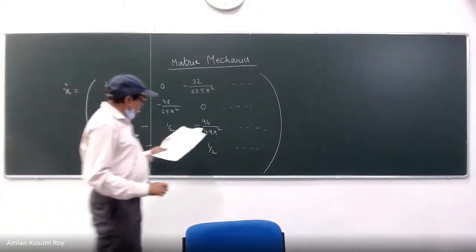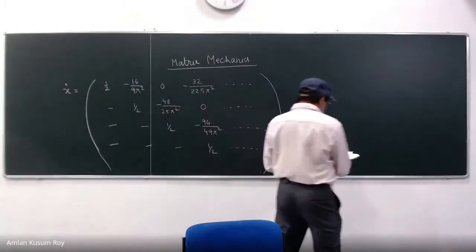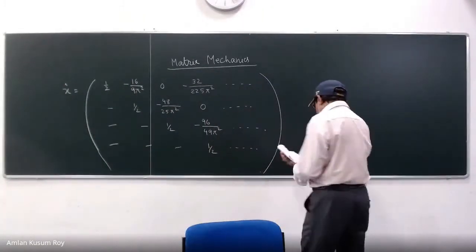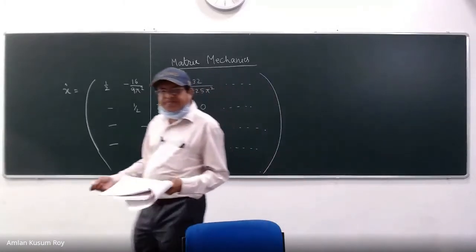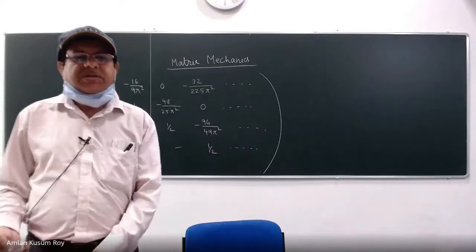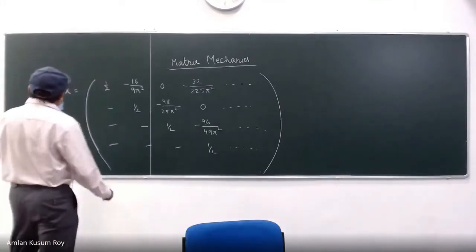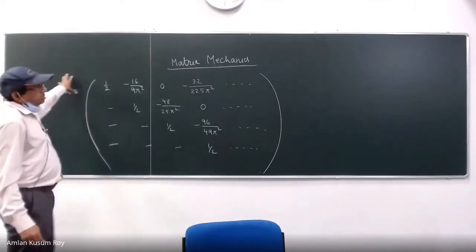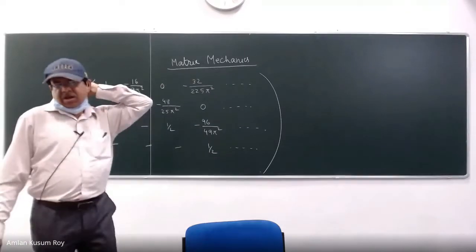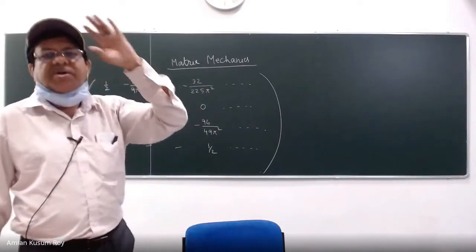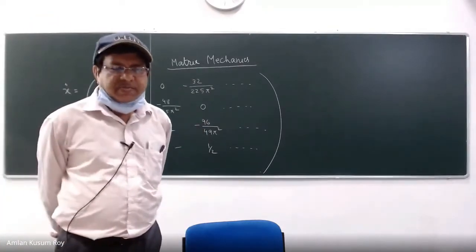What is this? X. And what is this? This is the representation of the X operator. This X is an operator. We have said that operators and eigenvectors will be represented by matrices.